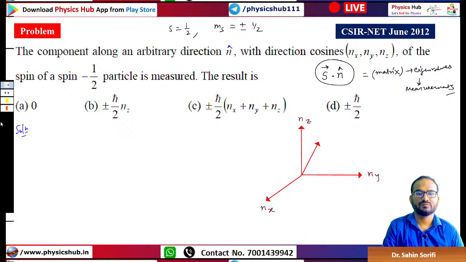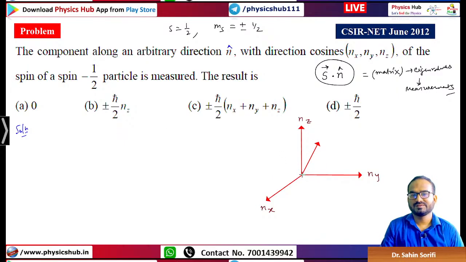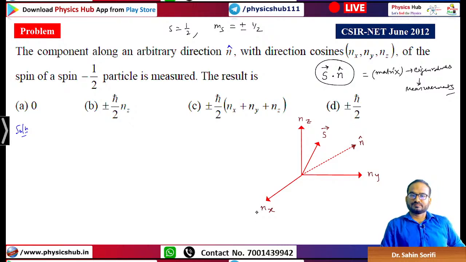So you have to find out what is the component of this S along any arbitrary direction, let's say n cap. So obviously you have to find out S dot n cap. N cap you can imagine like nx i cap plus ny j cap plus nz k cap, right?